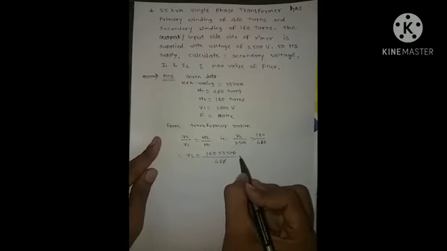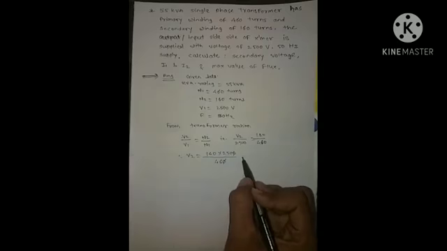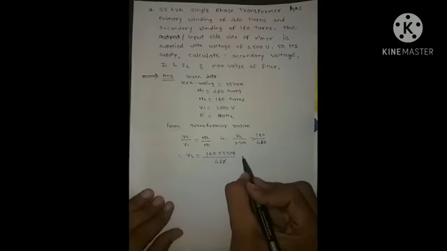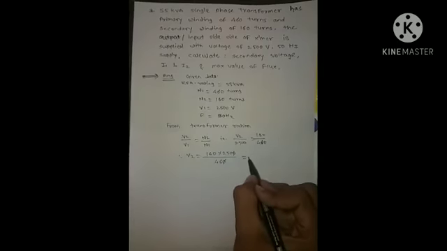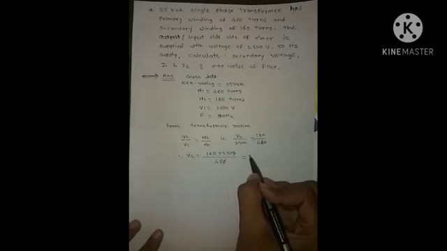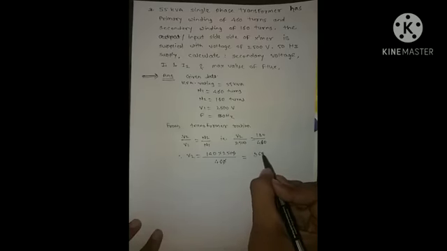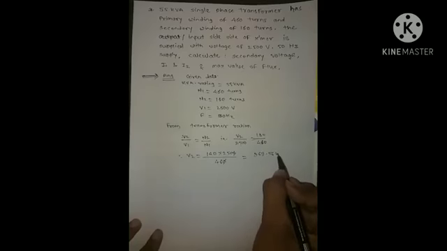Zeros get cancelled, and after solving this we can get V2 equals to 869.56 volt.